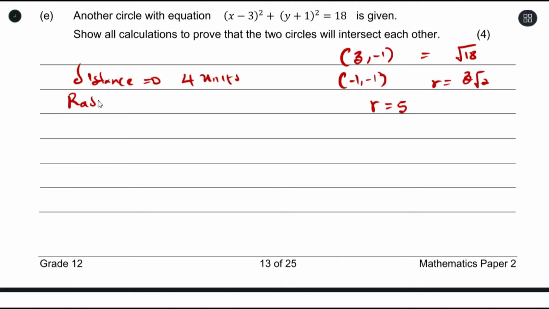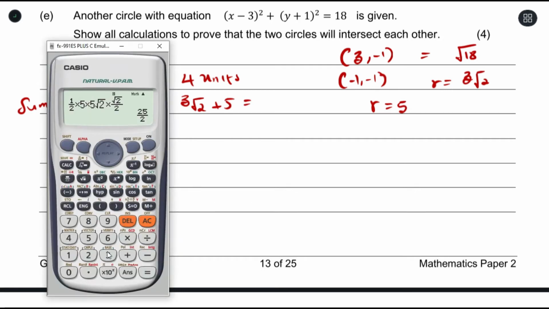Now we also need to get the sum of the radii. The sum of the radii would be 3 root 2 plus 5, and that will give you, okay, so that's like 9.24.